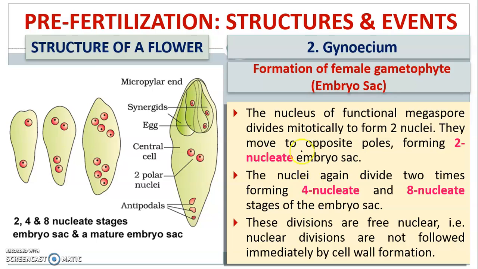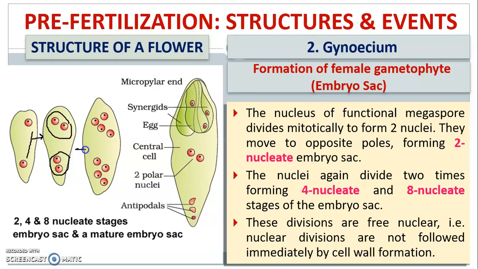Now, formation of the female gametophyte, the embryo sac. The nucleus, that is the functional megaspore, first divides mitotically. Mitosis means two opposite nuclei are there. Now it will again undergo one more mitosis, then it forms 2 plus 2, total 4 nuclei.